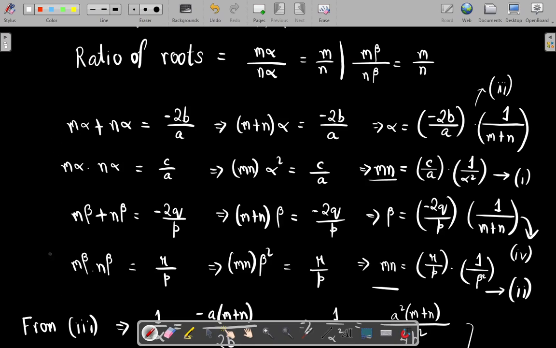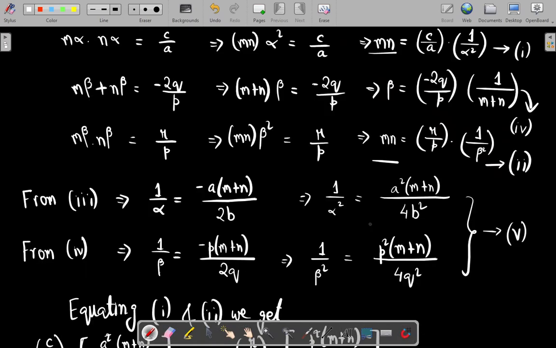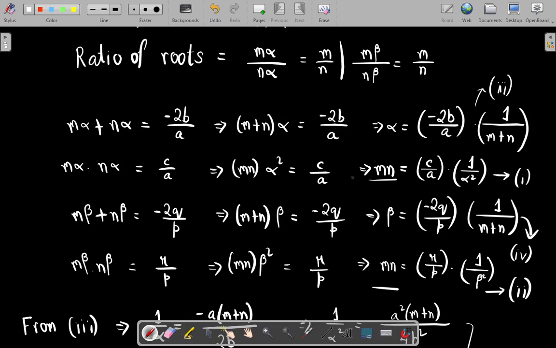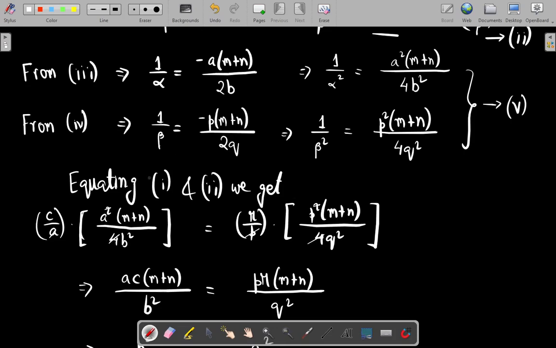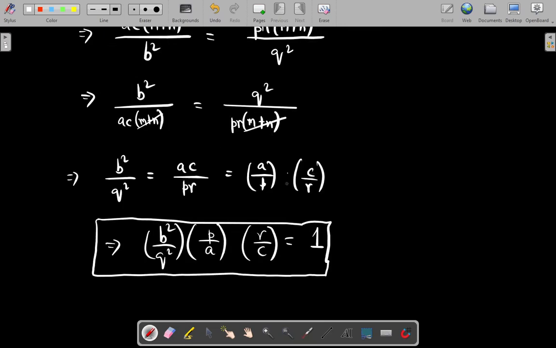Sum of roots of both equations and product of roots of both equations, and I have just equated mn for this first equation and mn for this other equation. From the sum of roots I have found the value of alpha, and then I've just substituted that here. And then it is just slight algebraic manipulation. It's not so tough, it is relatively easy. So this is it. Thank you.